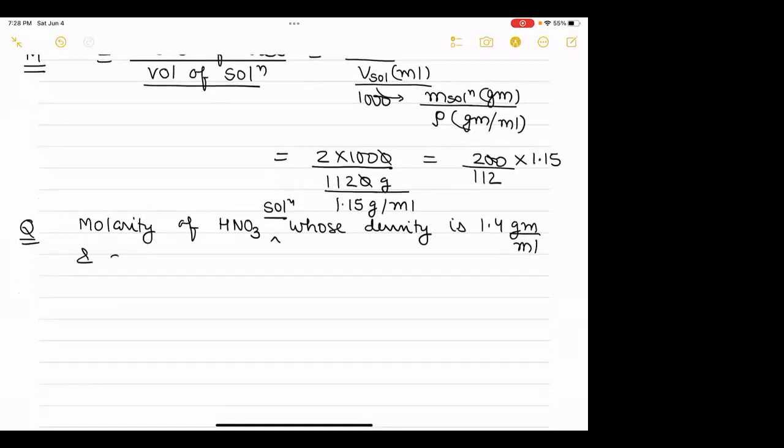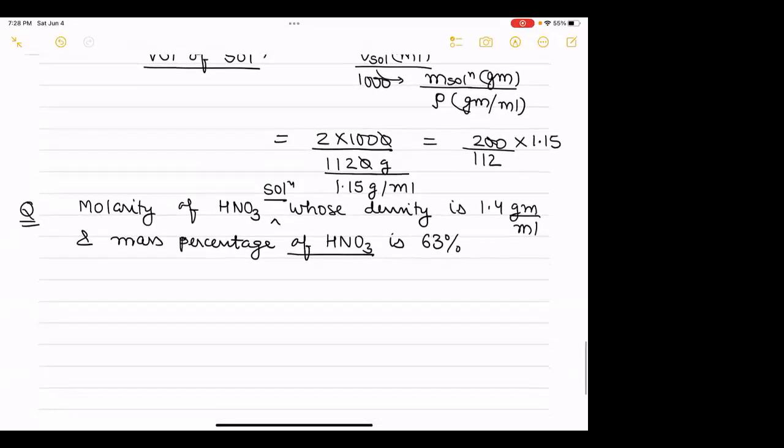And the mass percentage is 63%. The mass percentage of HNO3 in that solution is 63%.